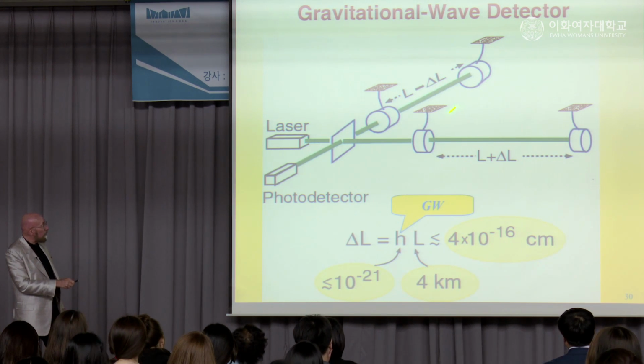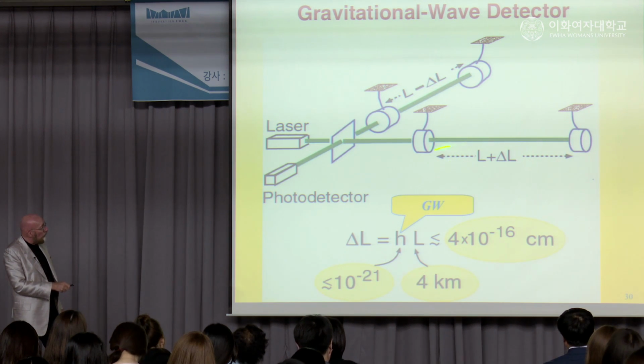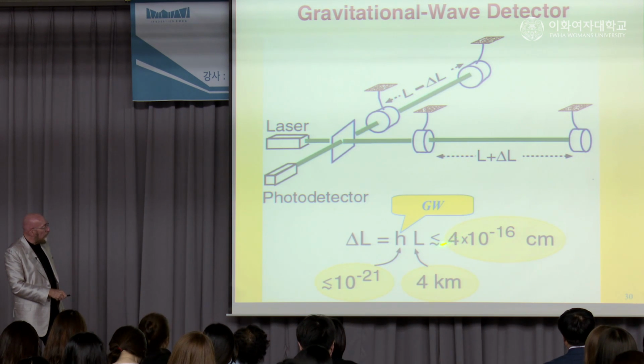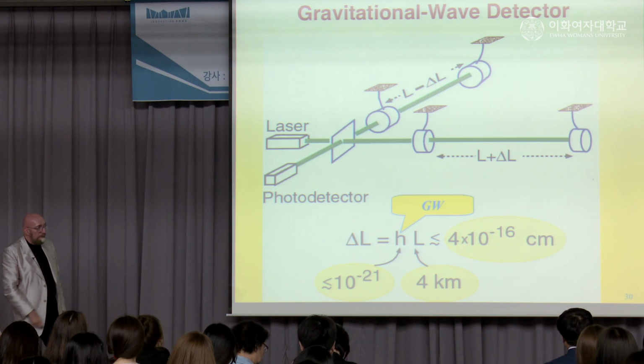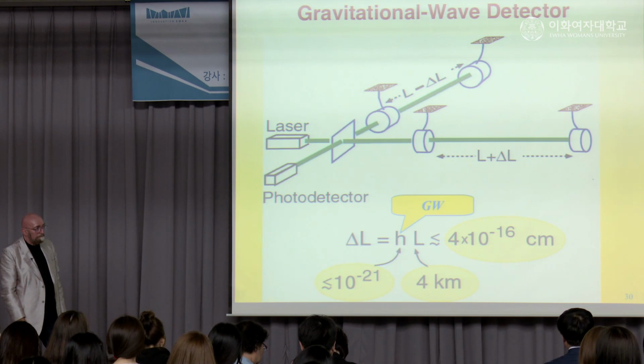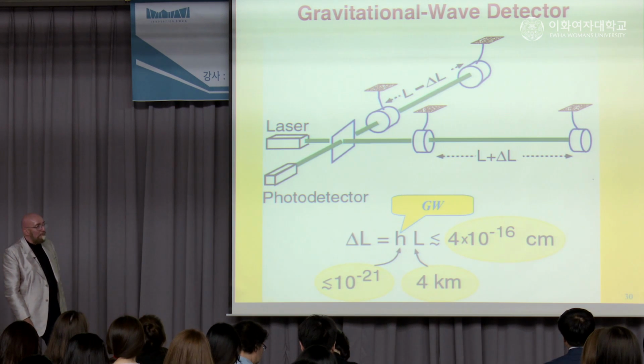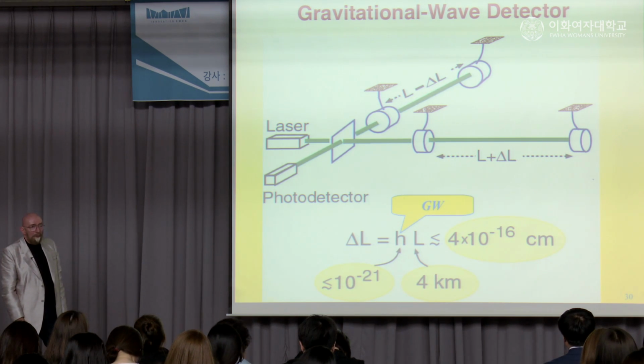Returning to the detection process, the motions that we see will have, we expect, an amplitude less than 4 × 10⁻¹⁶ centimeters. Now, let me just point out to you what that means.